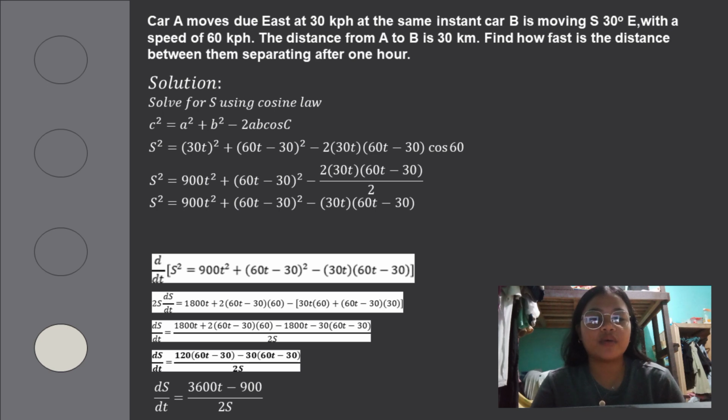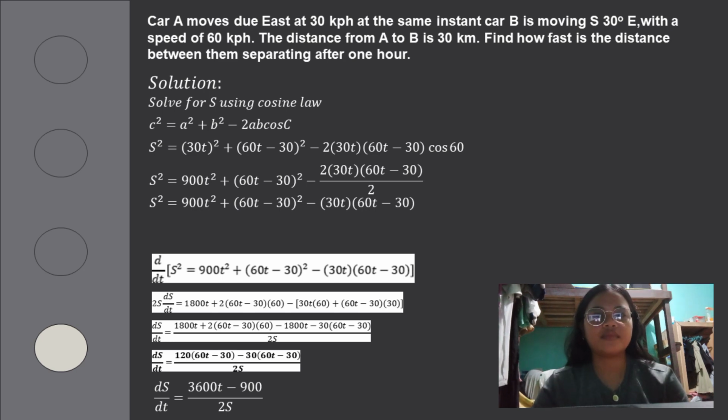So c squared equals a squared plus b squared minus 2ab cosine C. So s squared equals (30t) squared plus (60t minus 30) squared minus 2 times 30t times (60t minus 30) times cos 60.